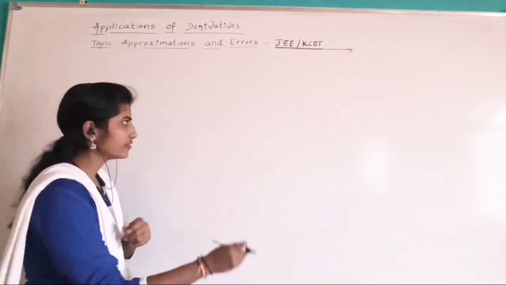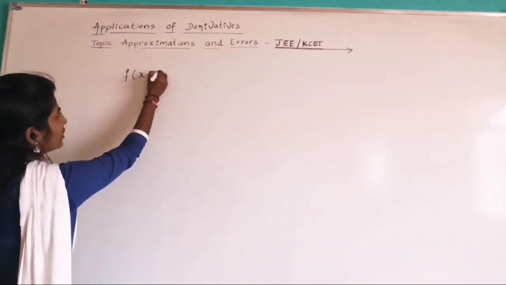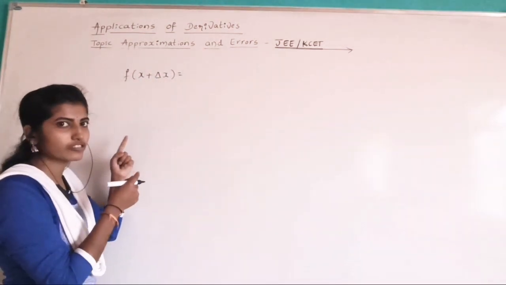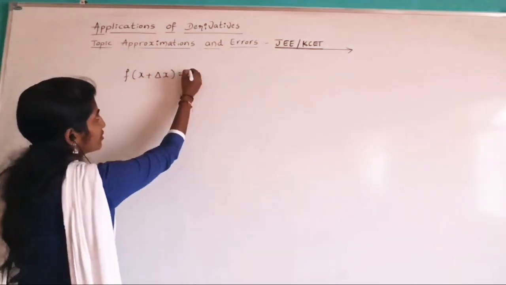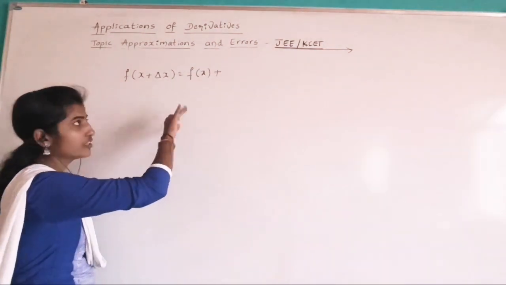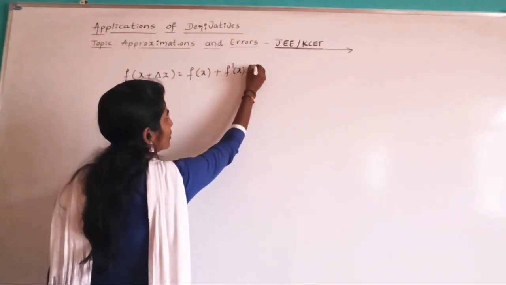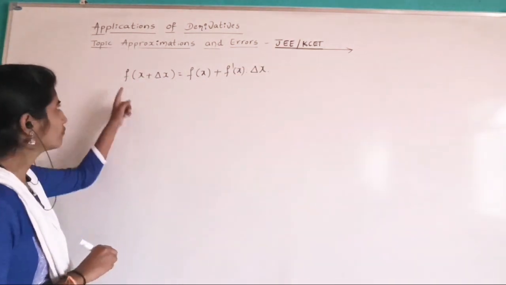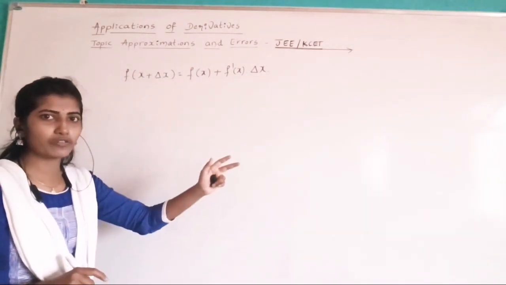So, dear students, we know that f of (x plus delta x). To deal with some of the questions, you need to keep these things in mind always. f of (x plus delta x) can be given by the given function plus its derivative, that is f dash of x into delta x, the error in x, where f of x is any continuous function.